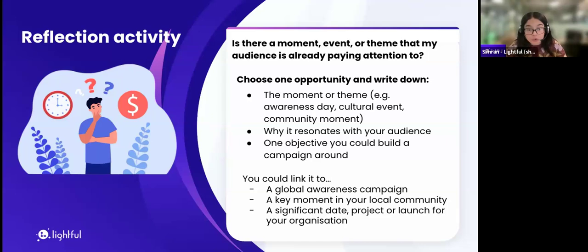And then there's also a local community event, or a significant date for your organization. Maybe your organization has an anniversary coming up. Maybe you're launching a new project, a new program, or there's a great achievement purely from running your services. Or maybe there's even a seasonal giving moment that aligns with your audience's habits.